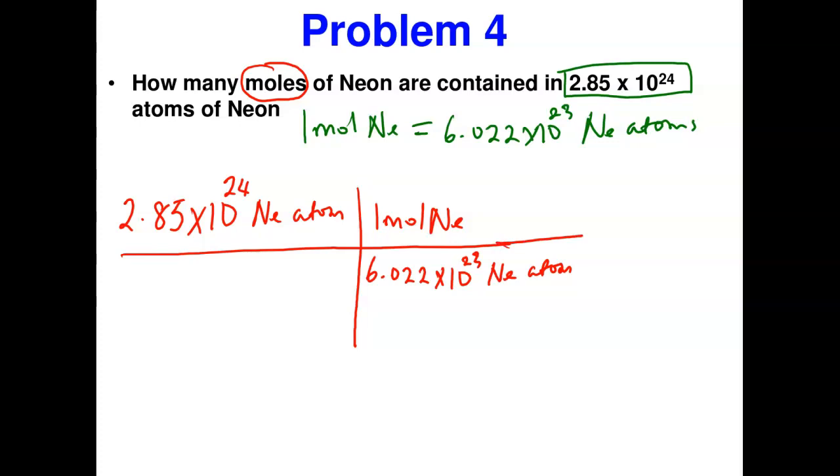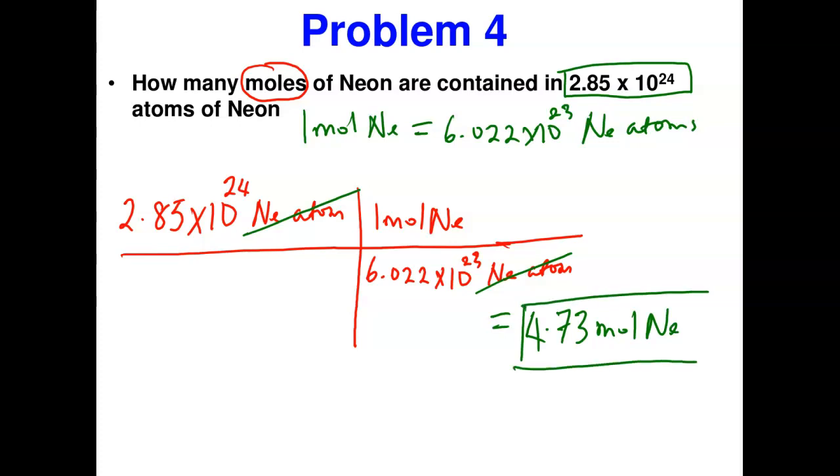And then again, I cancel. Neon atom cancels neon atom, and what I have left is moles of neon, and that's going to give me 4.73 mole of neon, and this becomes my answer.